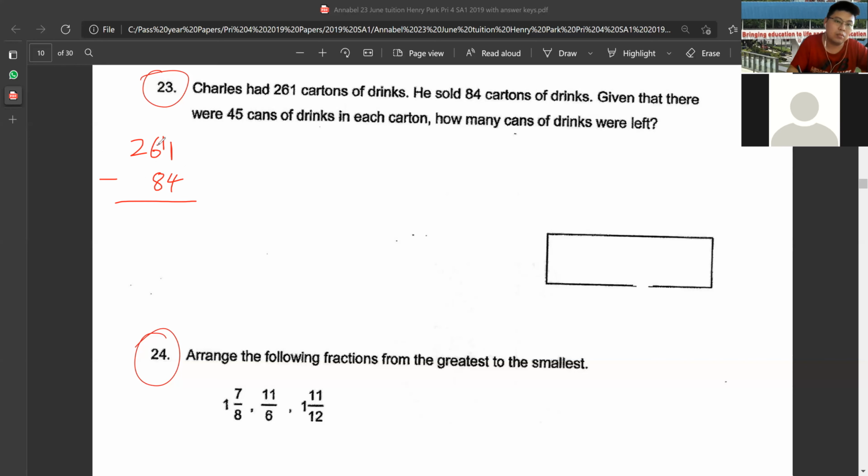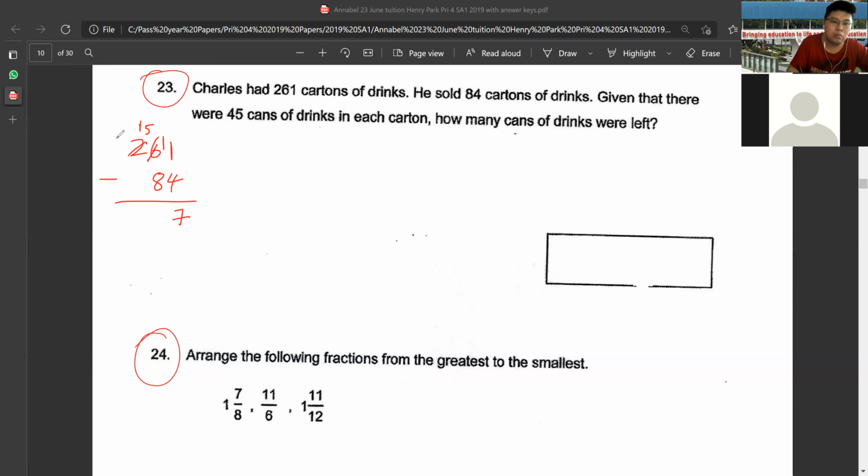And then 6 becomes 5. Then 11 minus 4 equals 7. Then 5 change to 15.